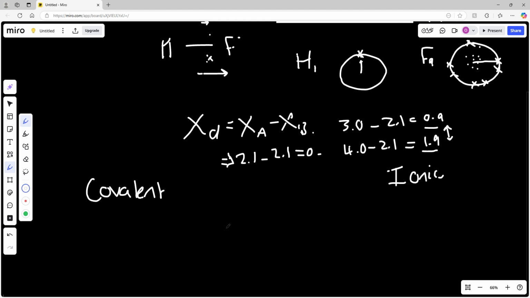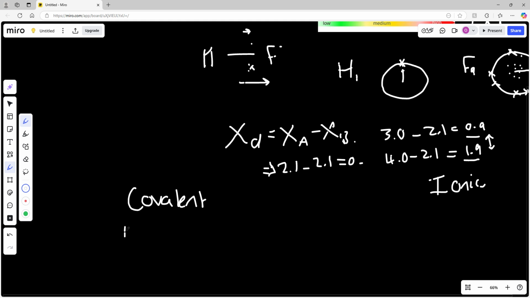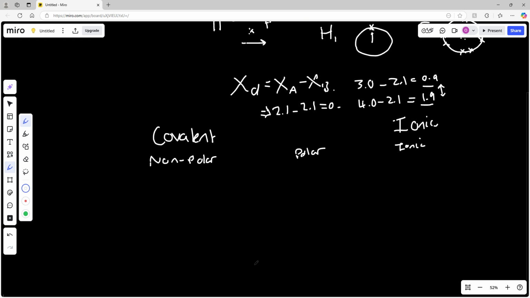So what I'll also do quickly is I'll just write non-polar, polar, and ionic. Okay, so I'm going to create some values which are true. I've not just made these up, and this basically can give you a guide to whether a molecule is polar or non-polar.